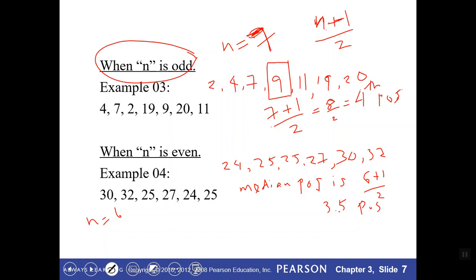So do we have a position like 3.5? We don't have a position like that. We have positions 3, 4, 5, something like that.